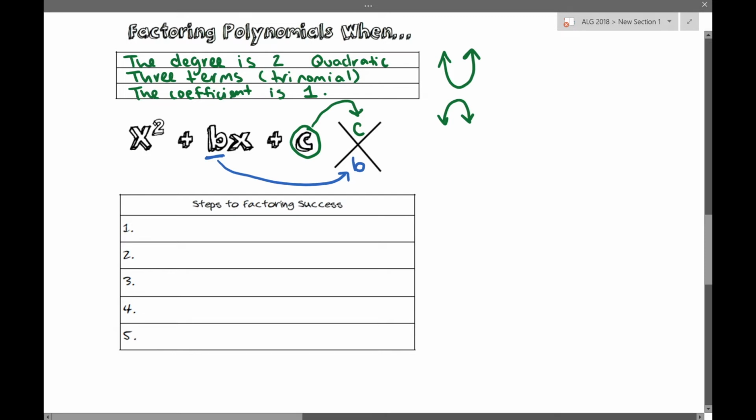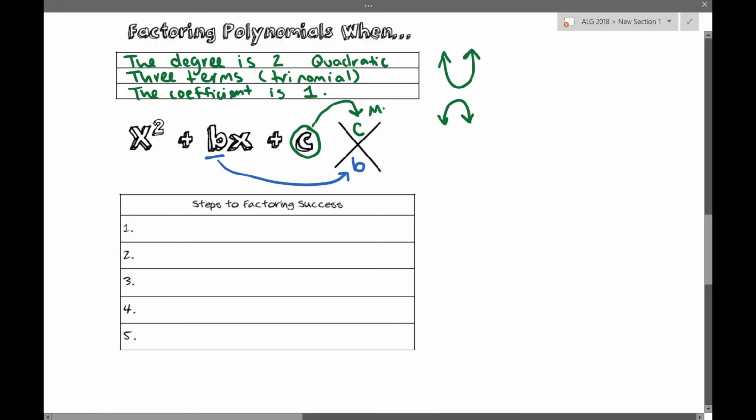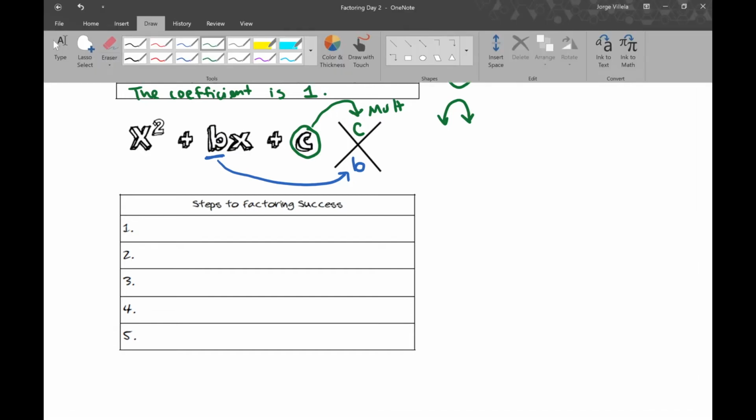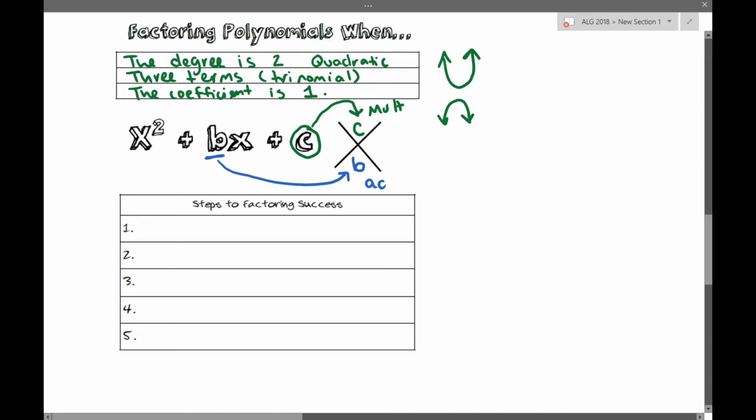Now what we are going to do is see what number multiplies to c, but also adds to b. There's going to be 2 numbers in these boxes here: 2 numbers that multiply to c, but also add to b.